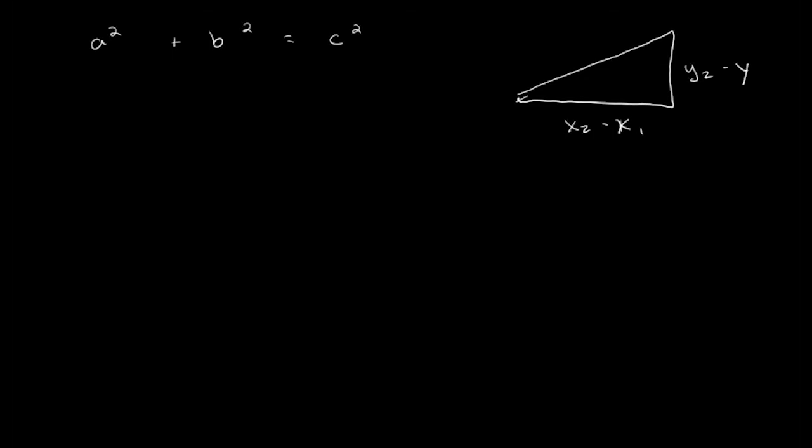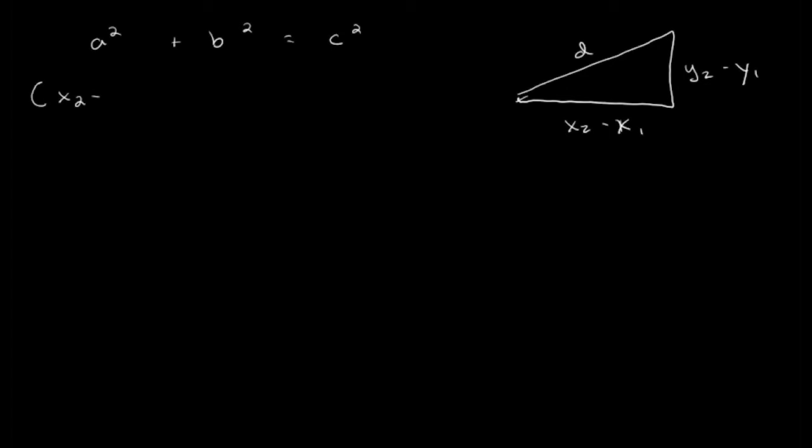So we're starting with a squared plus b squared equals c squared. If I redraw the triangle that we have, this is x2 minus x1, y2 minus y1, and then d.